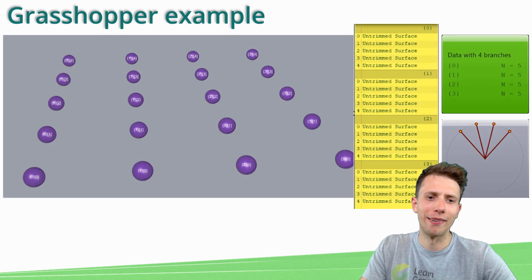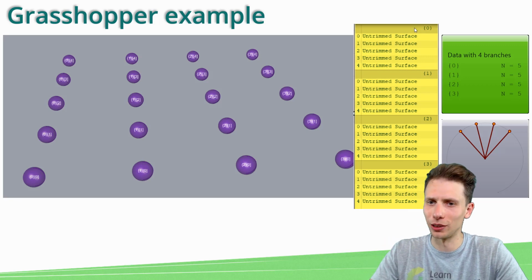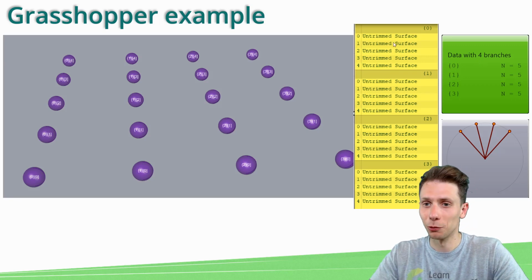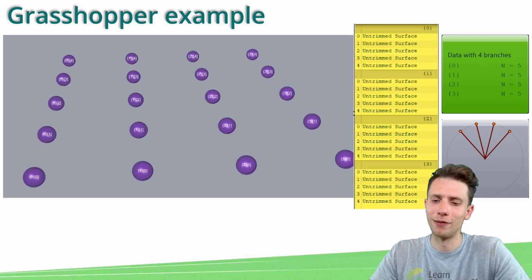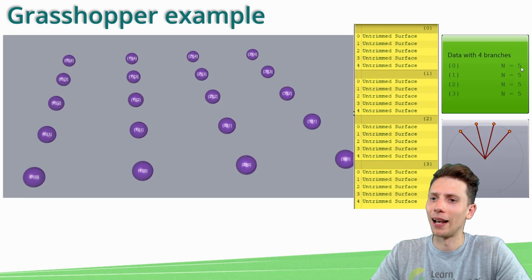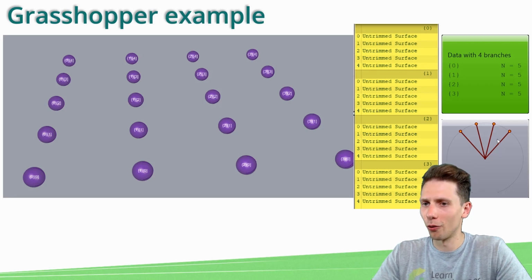So here we have a list, you can see the data tree structure of spheres. On the right side, you can see the data with 4 branches. It means that in this data we have 4 lists. Every list, as you can see right now, contains 5 items. So as the graph shows, we have 4 branches with 5 items in every branch.